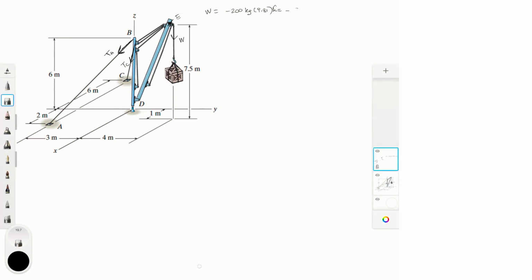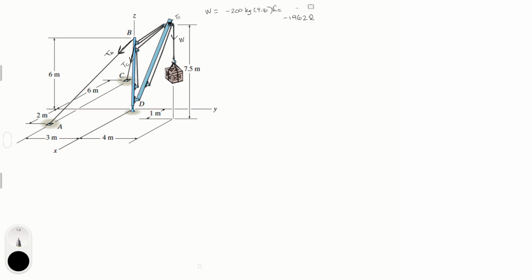Let me move the 2. Minus 1962 in the K. And then we also have the reactions at D. Let's call this dx, this dz, and this dy.